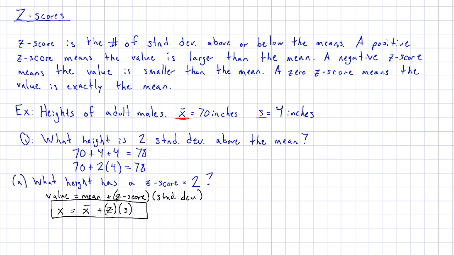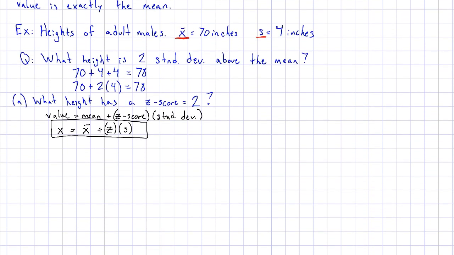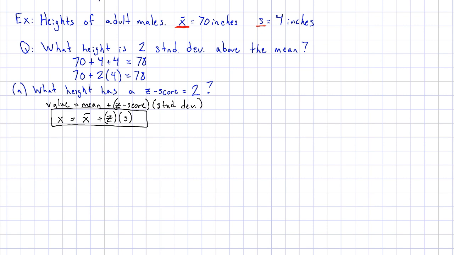Now, I said that a z-score could be positive or negative. So let's do a negative z-score with this same example. Let's consider part B. Let's say what height has a z-score equal to, and I apologize, let me just erase this because as we move forward, we're just going to start saying z equals negative 1.5.